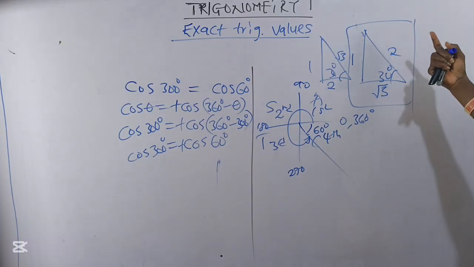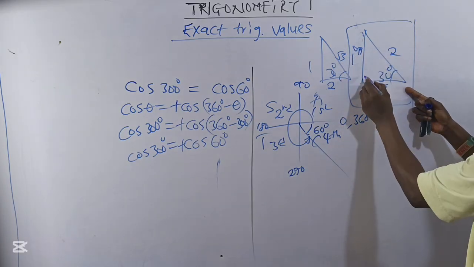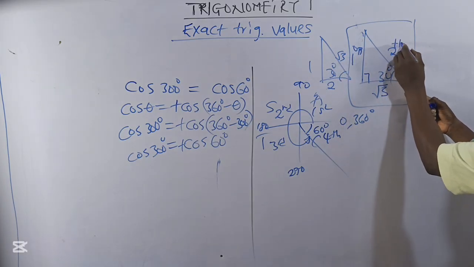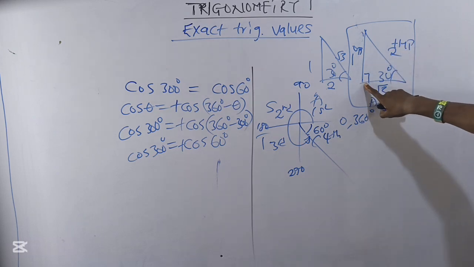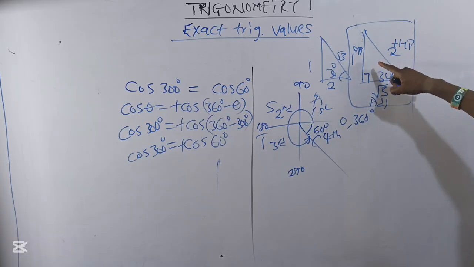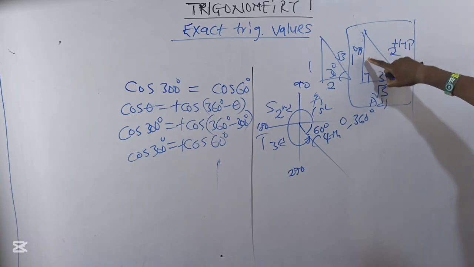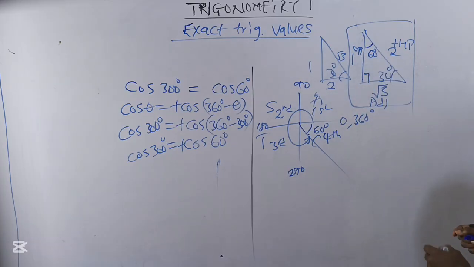Because if you have sine, this should be the opposite of 30 degrees. This is where the right angle is facing the hypotenuse, and this becomes the adjacent. So if this is the right angle, which is 90 degrees, and this is 30 degrees, then the sum of angles in the triangle makes this 180 minus 90 minus 30, giving us 60 degrees here.